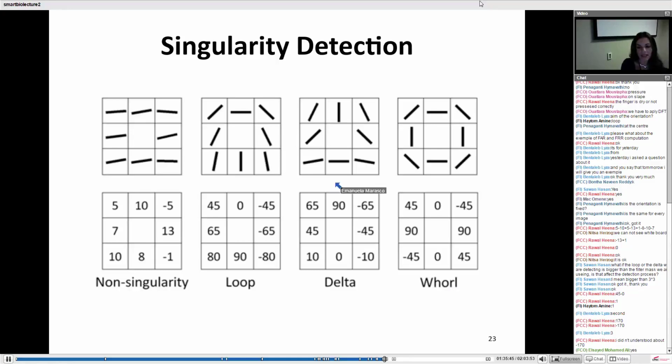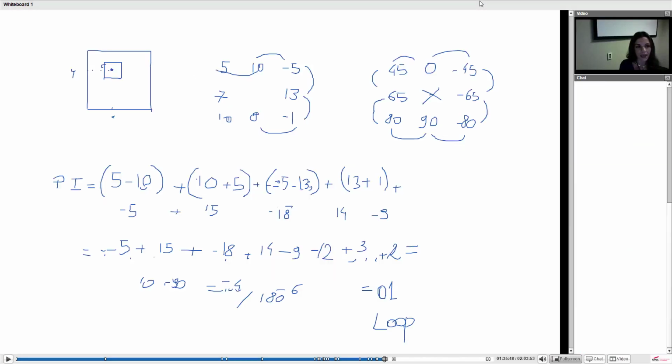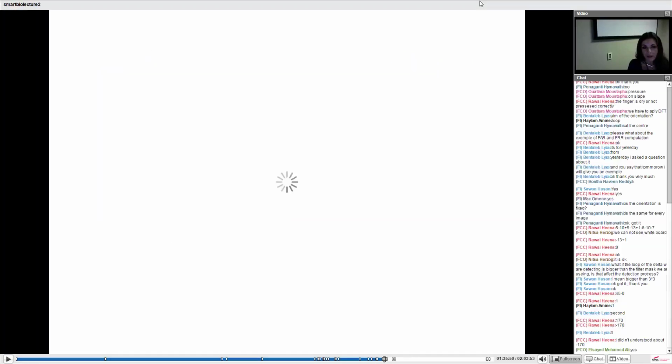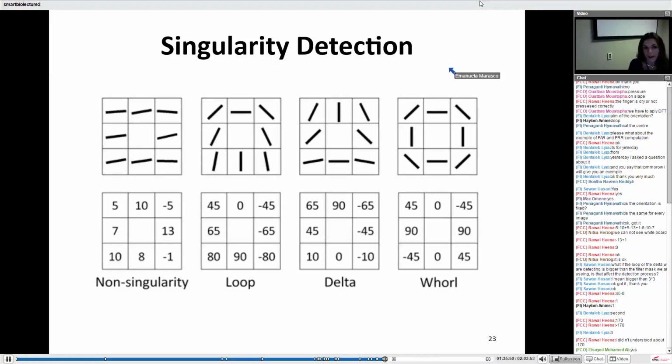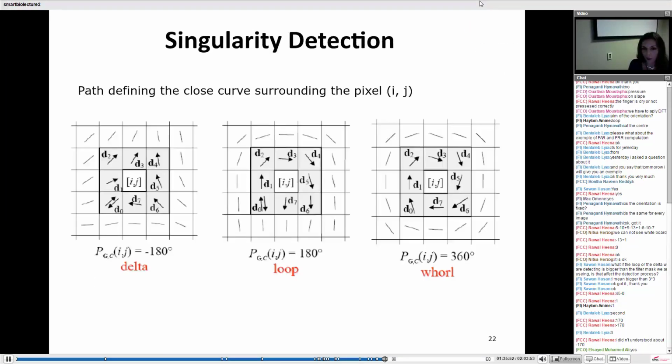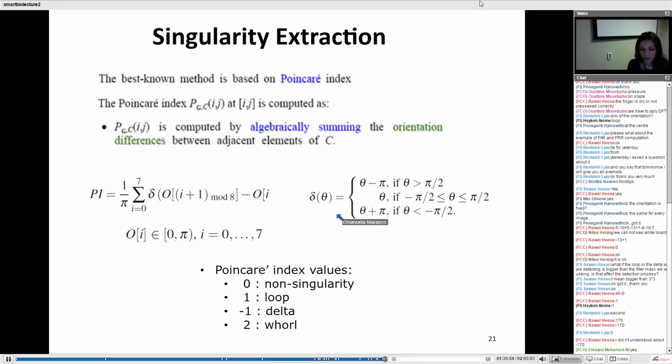So I did not understand about minus 170. Yeah, this is something that we can clarify. To clarify, let's go back to the formula. After computing each difference in orientation for a specific pair of adjacent elements, what we do is consider the normalization range for this difference, which is an angle.